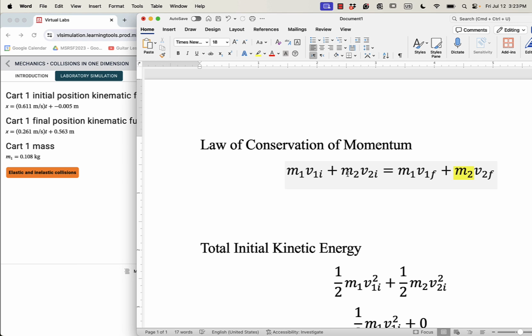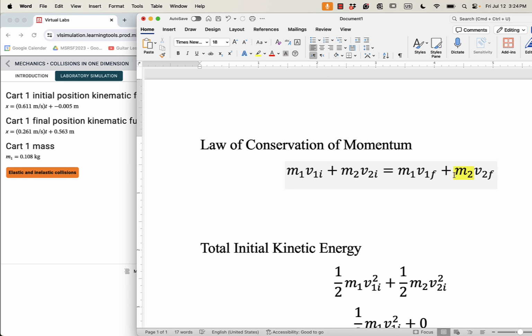Mass 2 is unknown, and velocity of 2 initial is 0 because it's at rest in the beginning. And then M1 is again 0.108. V1 final is this one, 0.261. And then V2F is also the same because they are stuck and they have the same, common velocity. So V1F and V2F are the same.